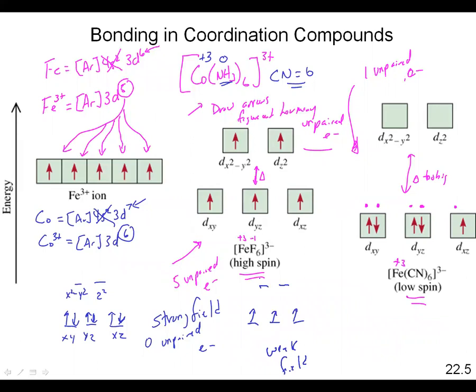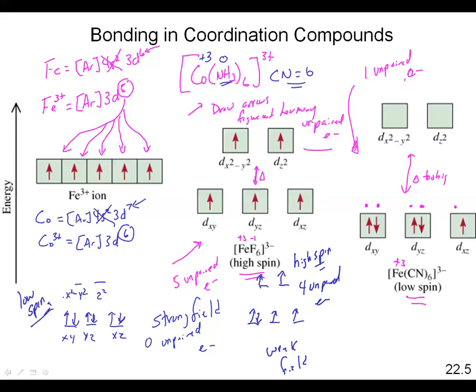Weak field means this is not so big, 4, 5, and 6 electrons. And we would actually end up with 4 unpaired electrons in this case. Obviously more high spin over here, right? And this would be more low spin, obviously, right?